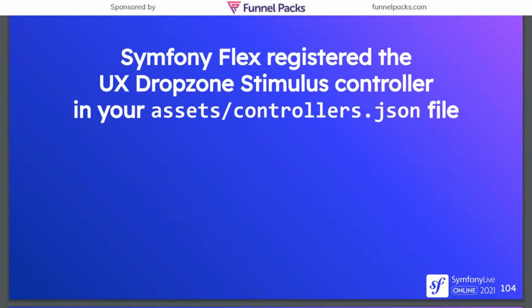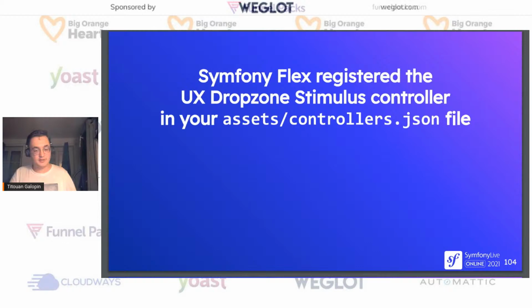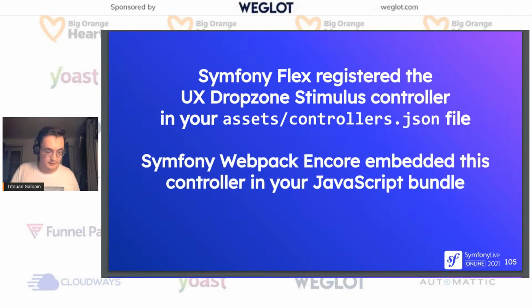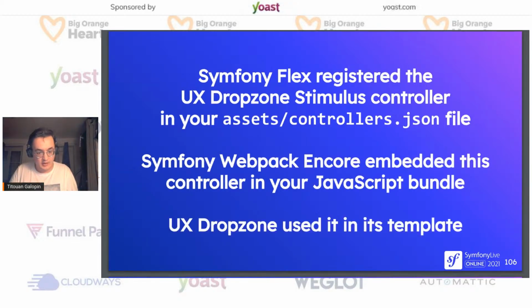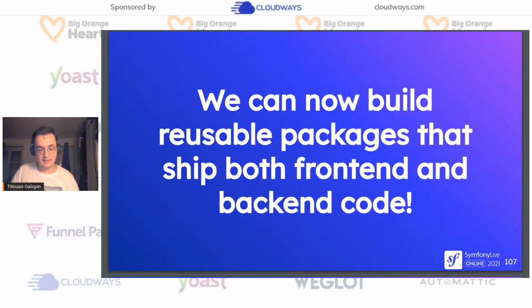And that's it. Because Symfony Flex registered the controller's file in the controllers.json file, which is an interesting thing to note, Symfony Webpack Encore embedded the package JavaScript, and then UX dropzone used it in its own template. So it provides both features at the same time.